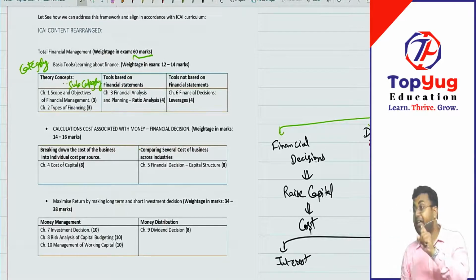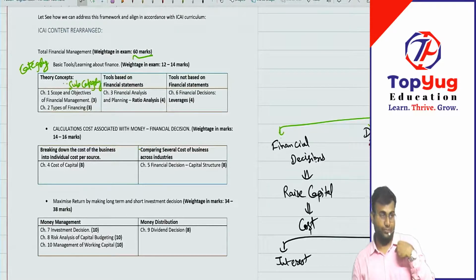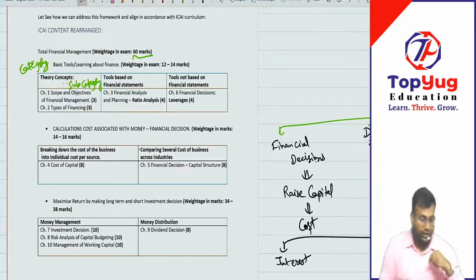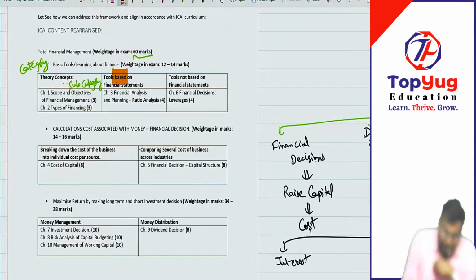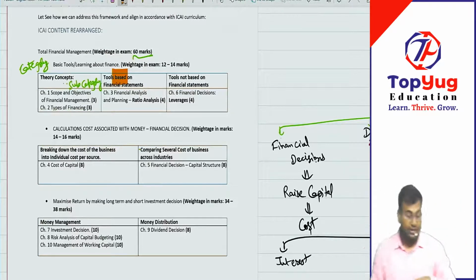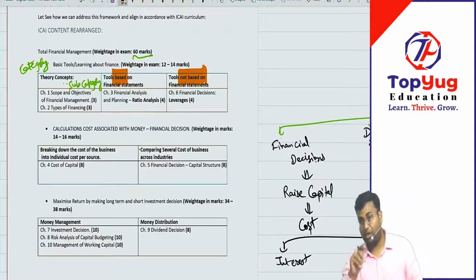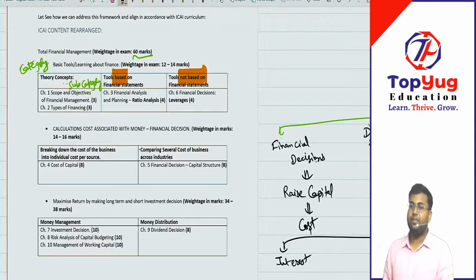See, I have very carefully analyzed the topics and given them to you, so that at least you should appreciate it. I've told you what is based on financial management. Ratio analysis is based on it, but leverages are not based on financial management. Not based. The underlining word is not. So how do you calculate leverages?